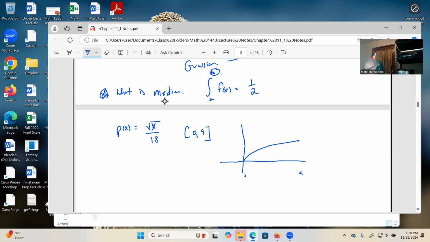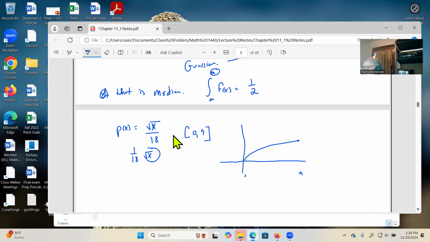Going back to graphing functions based off of translations, graph transformations, 1/18th times the square root of x, we know what this is going to look like. The 1/18th is compressing it. We know what the shape of the square root of x looks like.